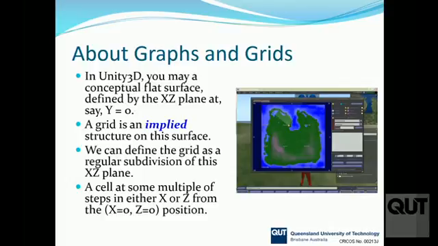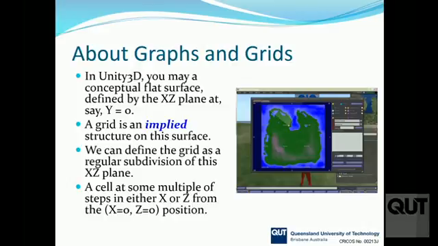In Unity 3D, you may have a conceptual flat surface defined by the XZ plane at, say, y equals 0. A grid is something that is then implied. We don't have to explicitly define this grid. That is, we don't have to actually allocate any data for this.